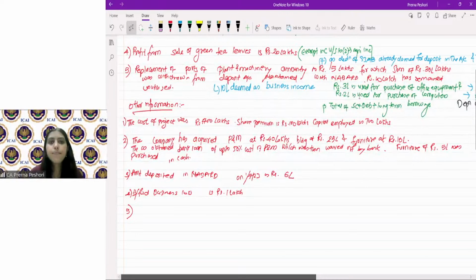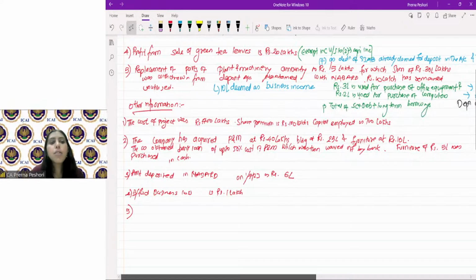But how much? The 40 lakh is the plant and machinery. Out of that, 50% of the cost of the plant was taken as loan, which was then waived off. So what will be the cost of plant and machinery? 20 lakh, right? It is going to be 20 lakh.